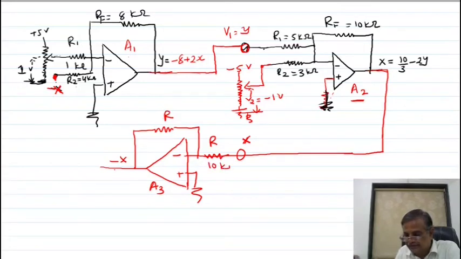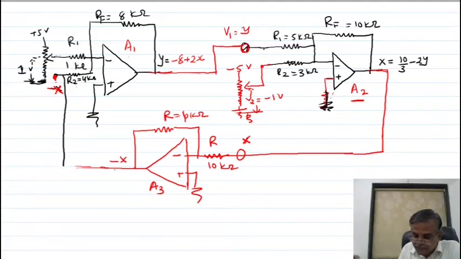I want to say it's 10K. So this output I have to connect to this input.